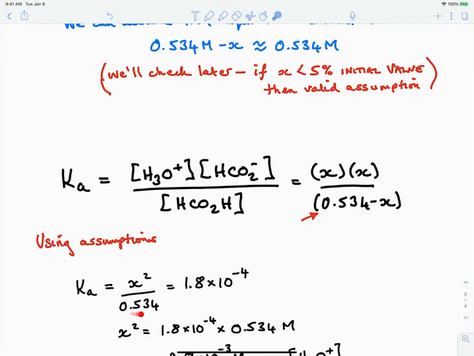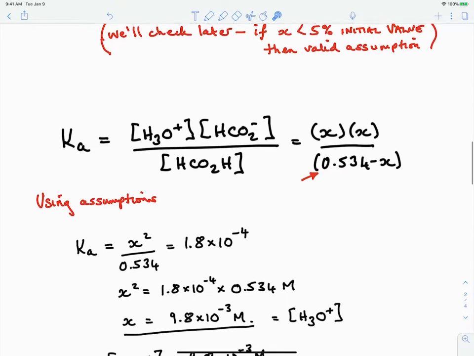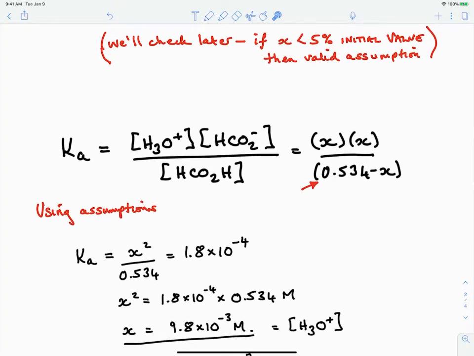And so in this expression, the minus X has been removed by using this assumption, and then we can rearrange this equation so that if we multiply both sides by 0.534, X squared equals 1.8 times 10 to the minus 4 times 0.534 molar. This gives us a value of X of 9.8 times 10 to the minus 3 molar, which is the concentration of hydronium ion at equilibrium.